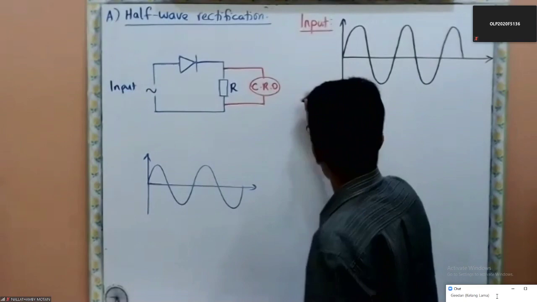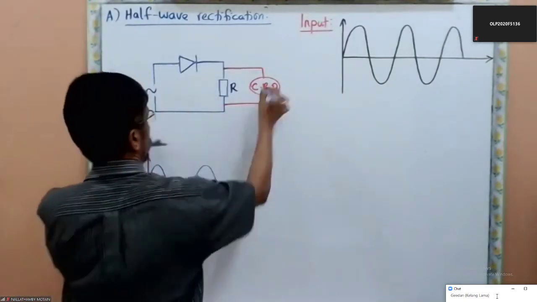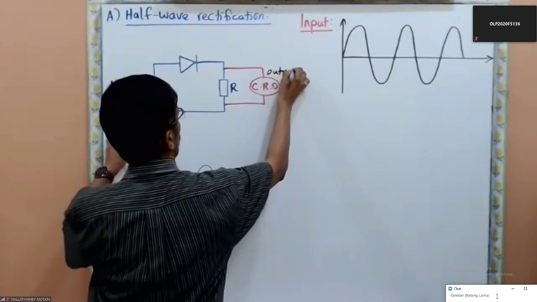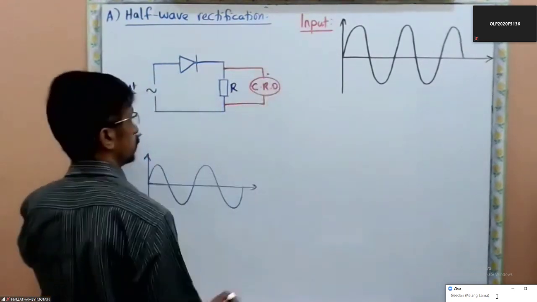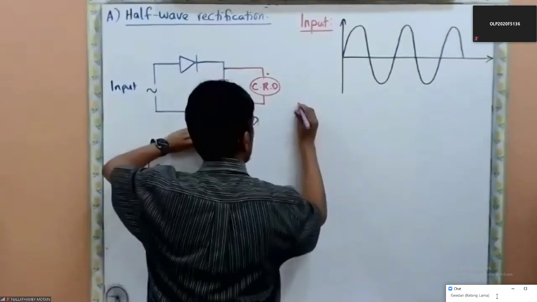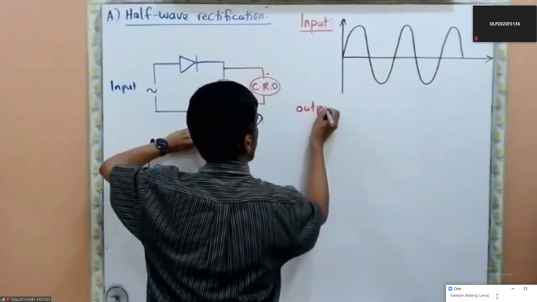Then our output. Here is the output. So we can see it using the CRO. So how about the output? Here is the output.